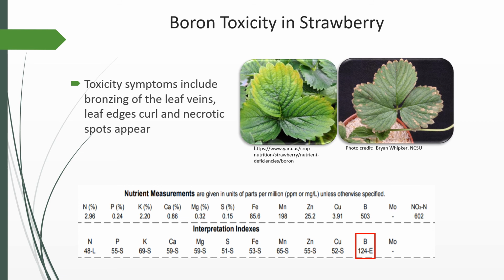The boron level indicated in the report below is at 500 parts per million with an index level of excessive, which is roughly 10 times the sufficiency range. Boron becomes toxic around concentrations of 200 parts per million. If this occurs, stop pushing boron and keep tissue sampling to track the boron concentrations.